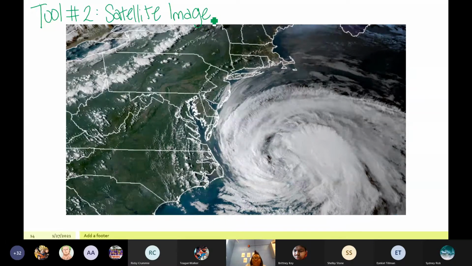So a satellite image shows wind movement. It's important that we know how wind is moving for weather, because wind moves weather systems. Yeah, the wind is going to push that hurricane closer to the coasts of North Carolina and Virginia. So it's important for us to be able to measure wind movement, and meteorologists use satellite images to do that.